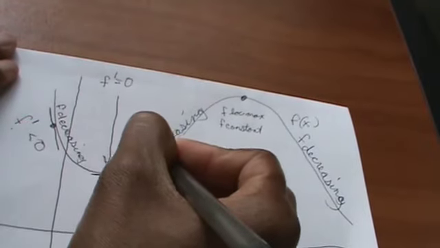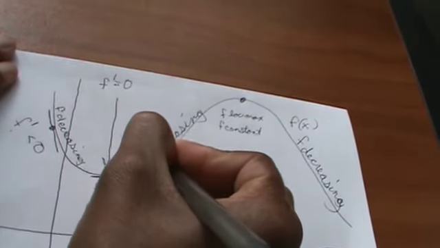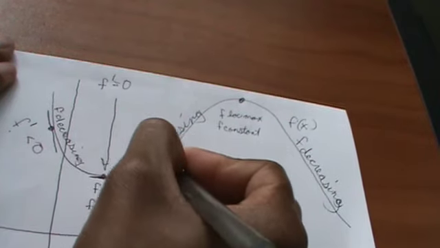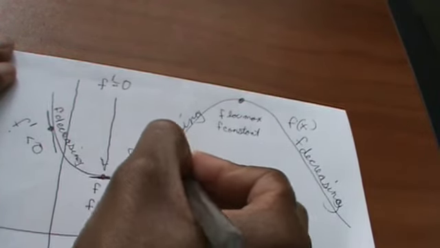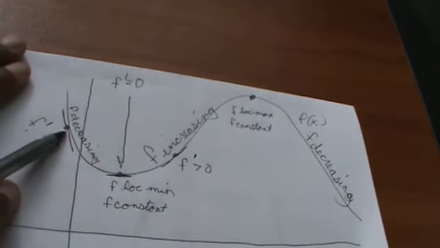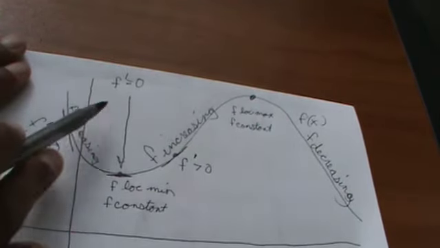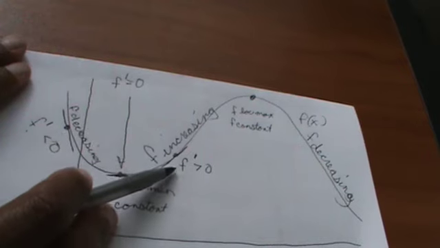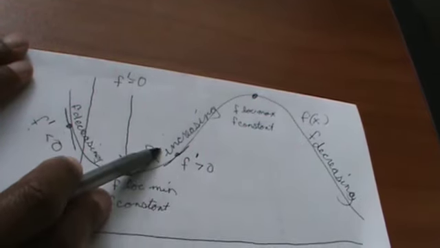And then in here, your function is increasing, and you can see that just pick one point. You don't have to do them all. And you can see that the slope of these tangent lines are all positive, right? So you went from a negative slope where your function was decreasing to a 0 slope where your function is constant, to a positive slope where your function is increasing.